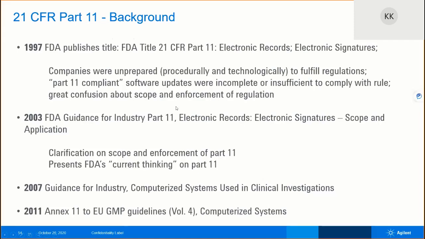That's why in 2003, the FDA published the Guidance for Industry Part 11 to explain clarification on scope and enforcement of this Part 11. So, helping there for a greater understanding. Then there was the guidance for industry on computerized systems used in clinical investigations, and also you have the Annex 11 to the EU GMP guidelines for computerized systems.